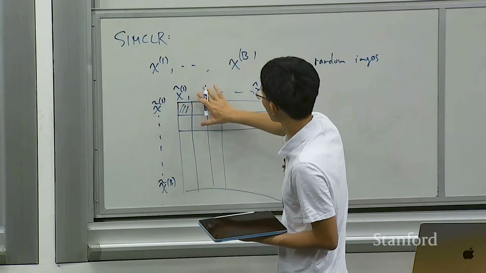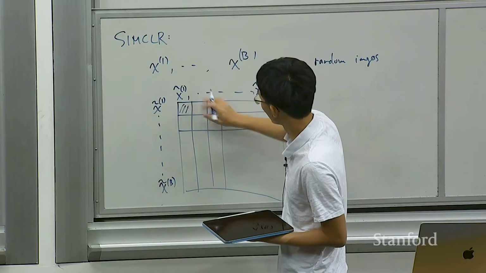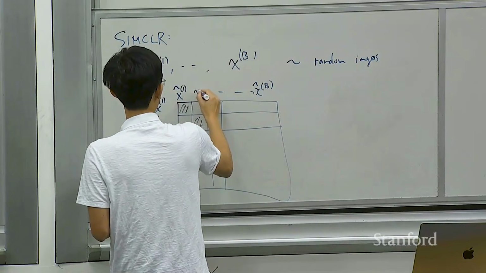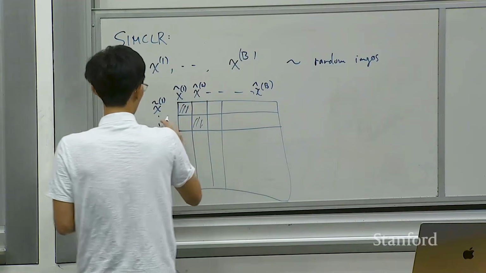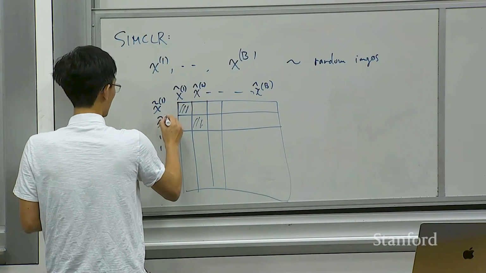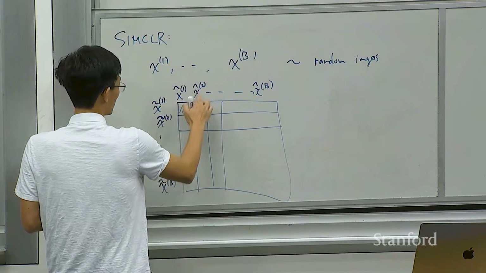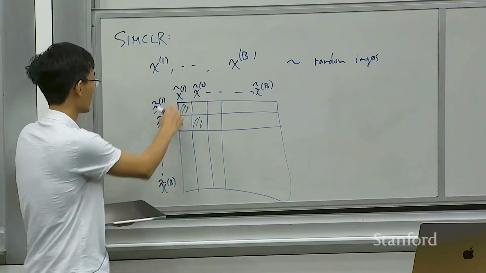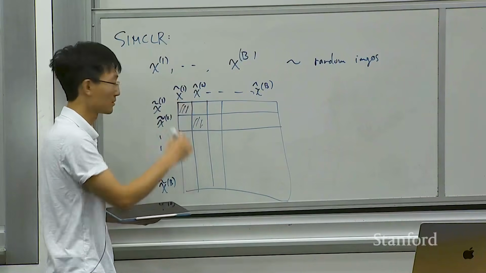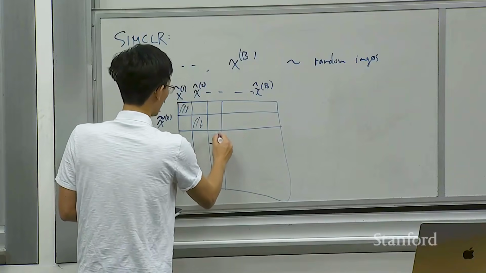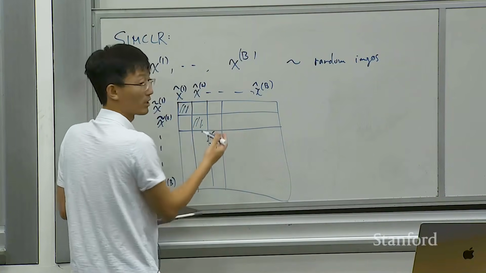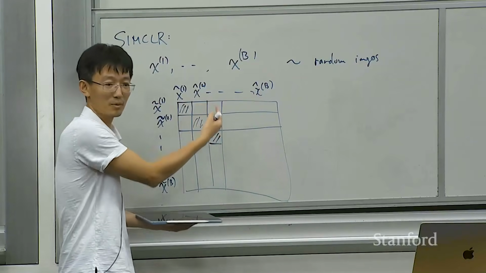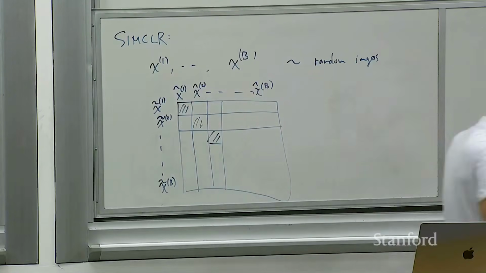And you want this entry to be big because these two are both augmentations of the second image. Maybe these two are two different cats, and you want the two cats to be similar. And these two are two different airplanes, you want them similar. In any of the other off-diagonal entries, you don't want them to be similar. Maybe this entry is a cat versus an airplane, and you want it to be as small as possible.